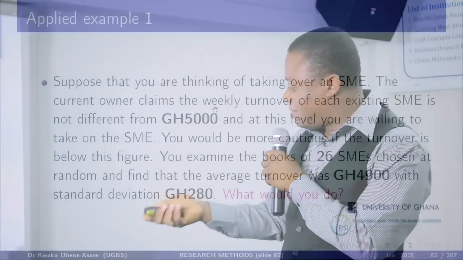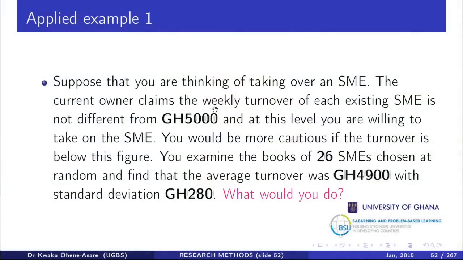Down there in those villages, you go there, and then you put all their annual turnovers together, and on average, you got 4,900 with a certain deviation. The standard deviation here is talking about how it slightly deviates from the center on average.